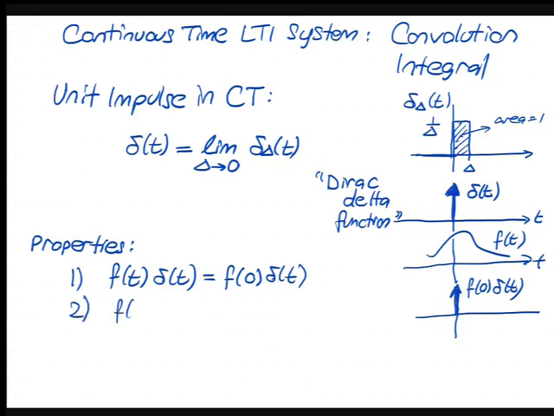What happens if I look at this product? Now we're talking about the delta not at time 0, but at time equal to capital T. So we've moved this guy.